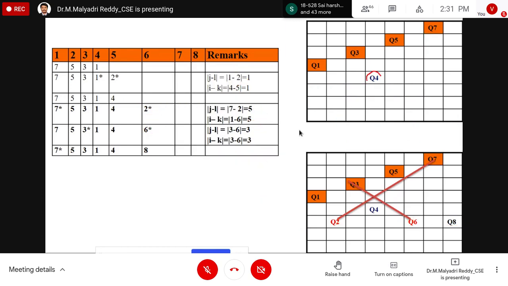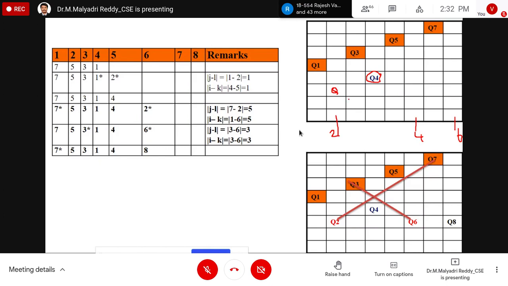For the next, what do you have to place? 1, 2, 6, 8. 3 only pending. From this, again I have to check whether 2 is feasible or not. It has a diagonal conflict according to the formula.